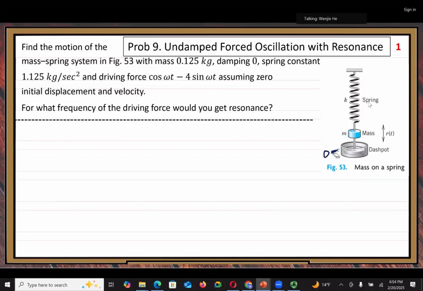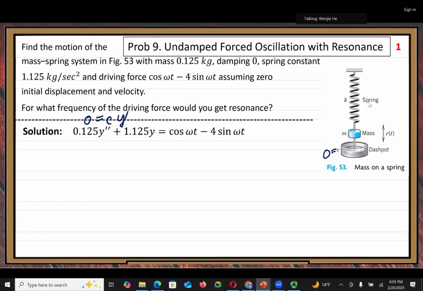Undamped means the damping coefficient equals 0, then the damping term is gone. Here you can see the c y prime term is gone because it is the damping term. C equals 0, so that middle term is gone. That's the undamped system.